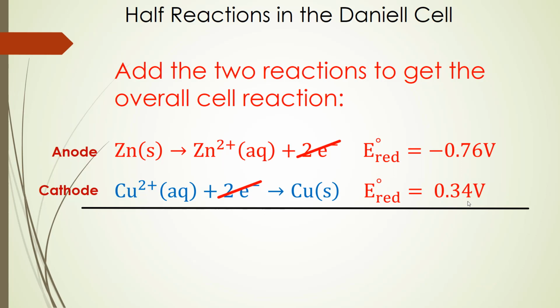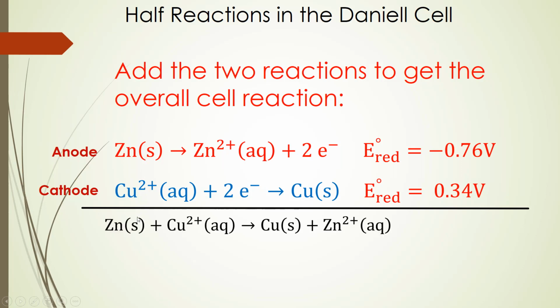So the first thing we're going to do is cancel out the electrons on both sides of the equation. So electrons in the product side, electrons in the reactant side, and now we're just going to write down what we have left.